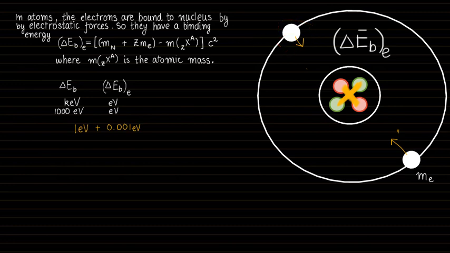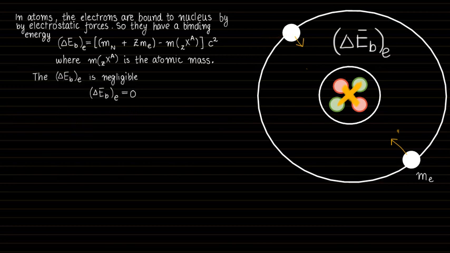So can you see, this energy is so small that I can ignore this value. Instead of using the binding energy of the electron, if I simply supply the binding energy for the nucleus, the electrons as well will be removed. Clear? So this binding energy of the electron is so small that I can equate it to 0. Fine. So the binding energy of the electrons is approximately equal to 0.